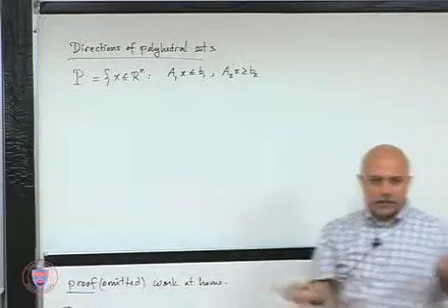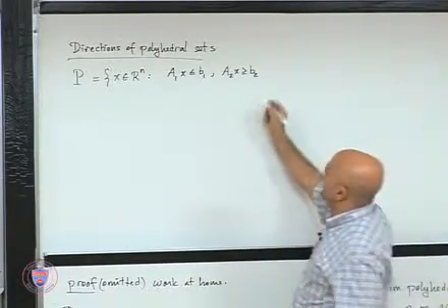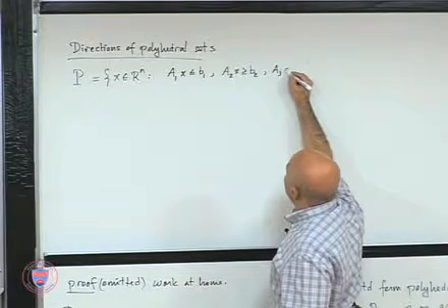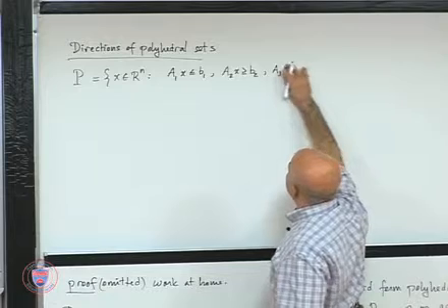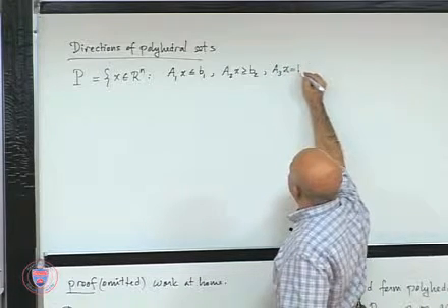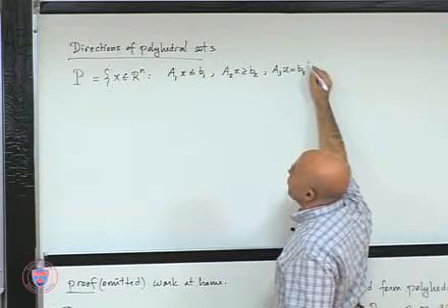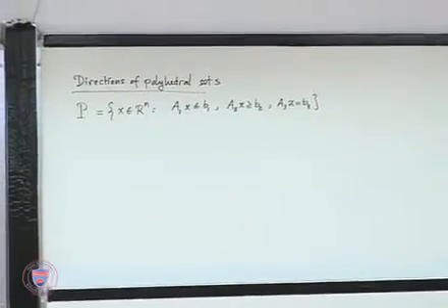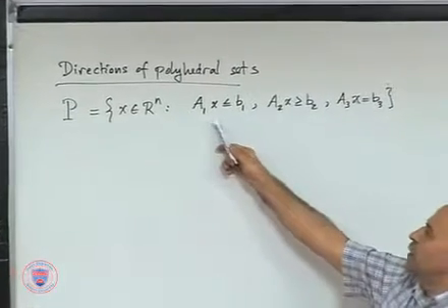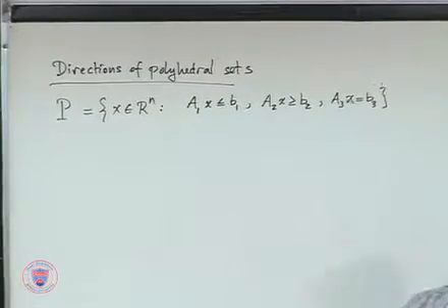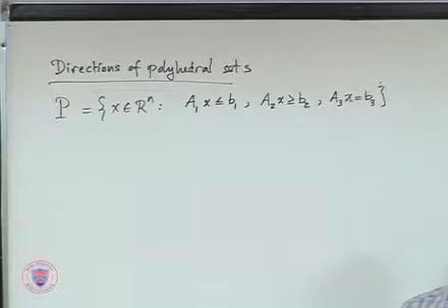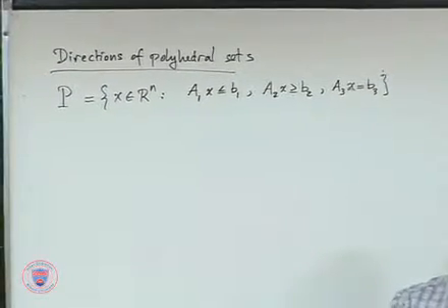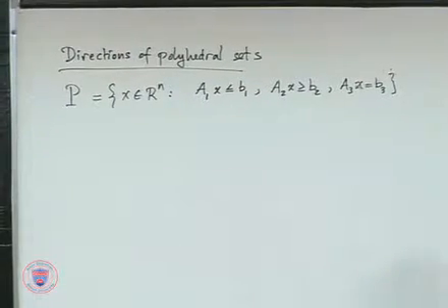These are all vectors of conformable dimensions, okay? And you've also got A3 x equals B3 for some A3 and B3. At least one of A1, A2, or A3 is non-vacuous, but some of these matrices could be vacuous, or they may not be, okay?